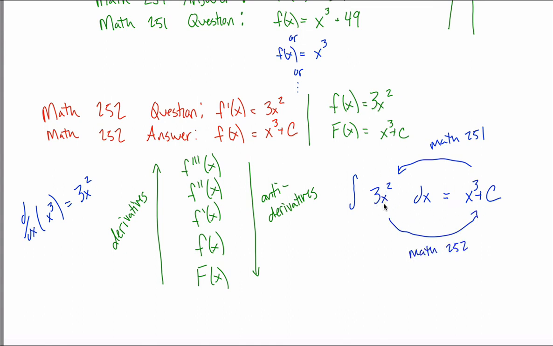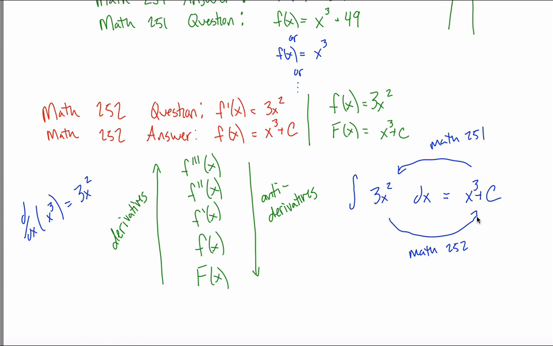What if this were more complicated? What if there were different numbers in these different places? What if there are sines and cosines and stuff floating around? What if there were multiple terms? We spent a lot of time in Math 251 learning methods for going from here to here. It probably won't surprise you to hear that we're going to have to spend at least as much time learning methods in Math 252 to go from here to here.